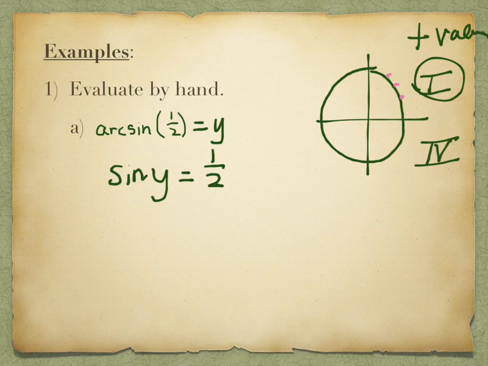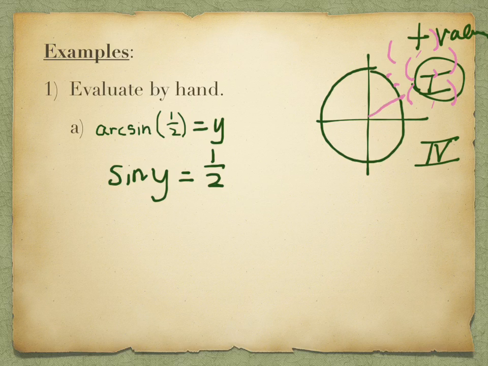So if you're looking for the ordered pair to have a y value of 1/2, do you remember which one of those has a y value of 1/2? It's not 45. That is correct, because at 45, what are those two values? They're square root 2 over 2's. So it's not 45. Isn't it the first? Yes, it's actually pi over 6.